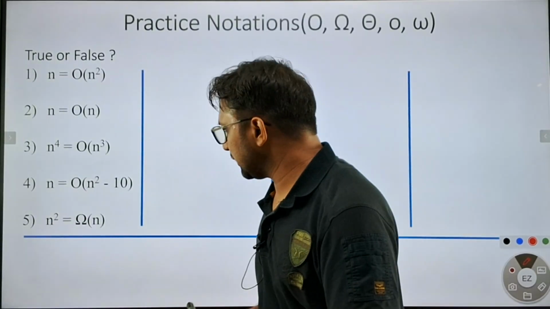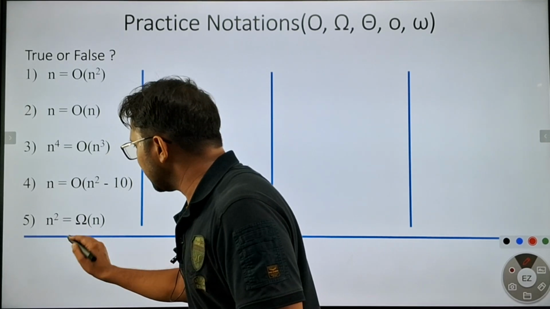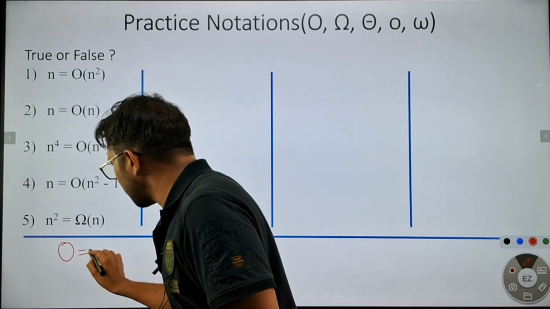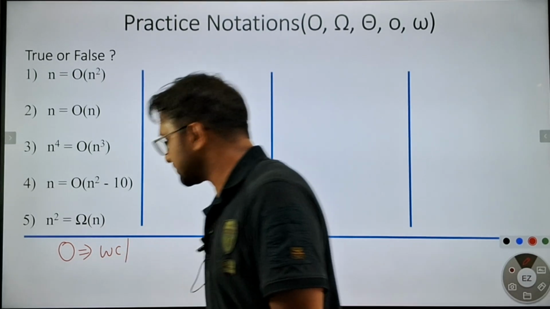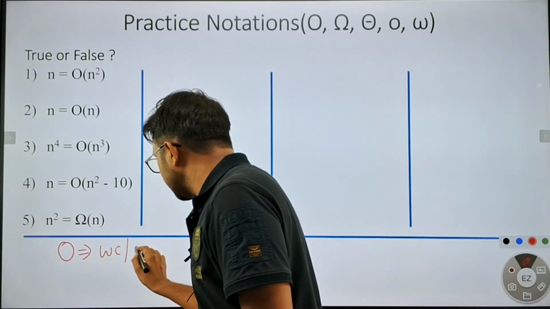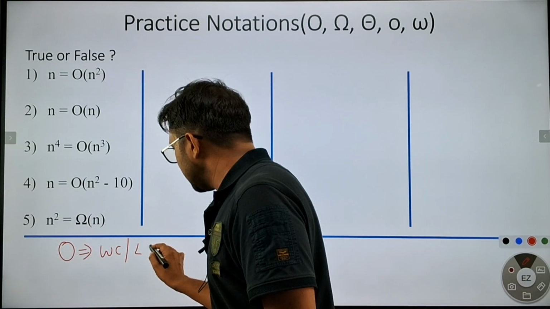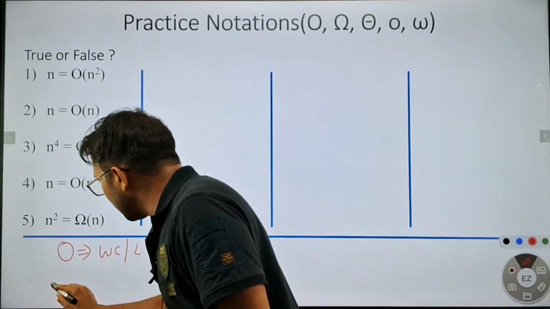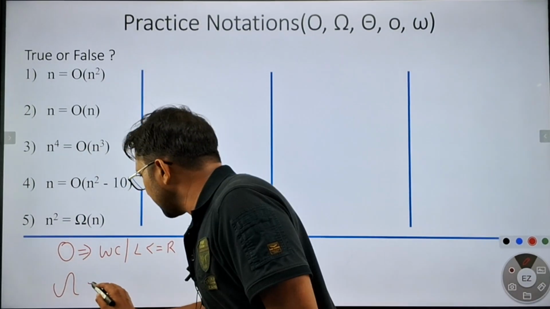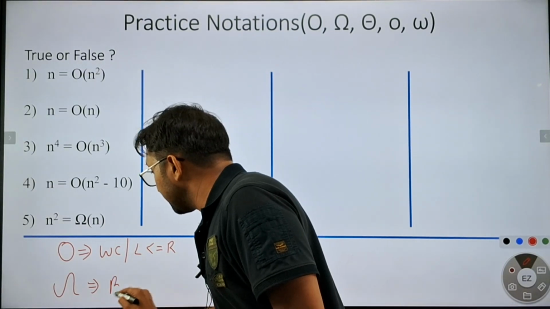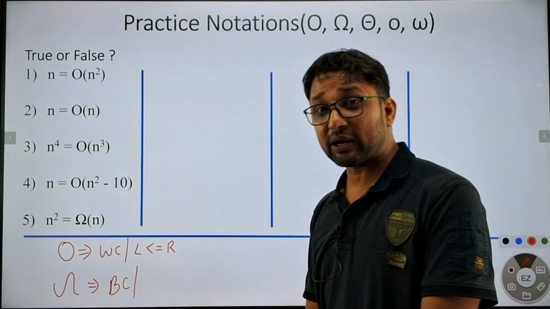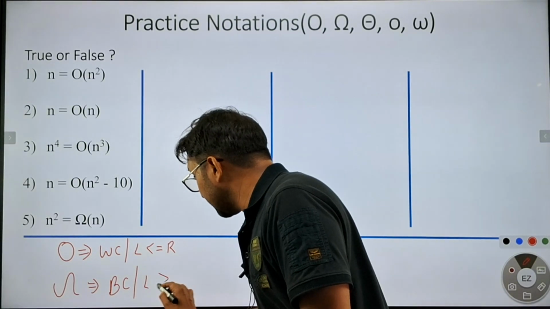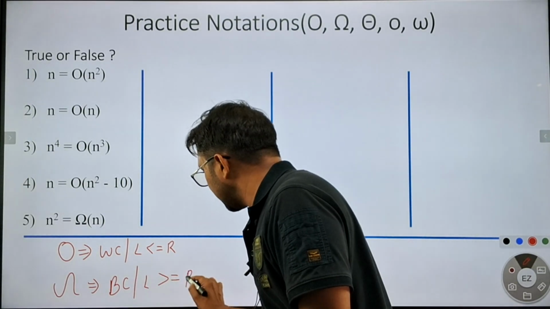Meanwhile, I'm also writing what we learned. We discussed that big O notation represents the worst case time complexity, and that the left hand side is less than or equal to the right hand side. Big omega notation represents the best case time complexity of an algorithm, and the left hand side is either greater than or equal to the right hand side.